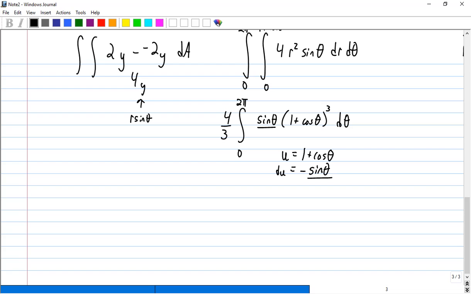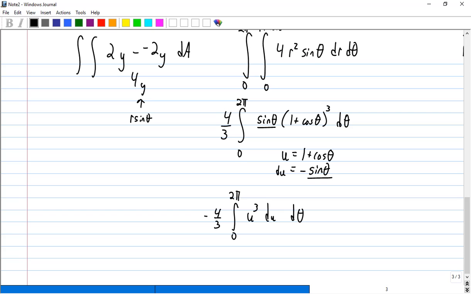So this is just a u substitution integral. Because that inside just becomes u to the third because your du is present. You do have to bring a negative out. So negative 4/3 times the integral of u to the third du d theta.